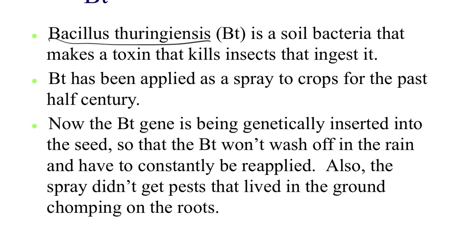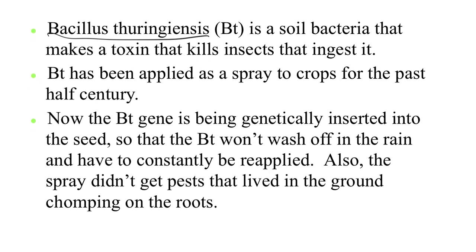Now that we have genetic engineering, instead of spraying the crops, we do a more efficient way. Because when you spray the crops, when it rains, it washes off into the soil. And so insects can eat the crops again if the BT toxin isn't on it. So what they do now is they insert it in the seeds so that the BT won't wash off in the rain.